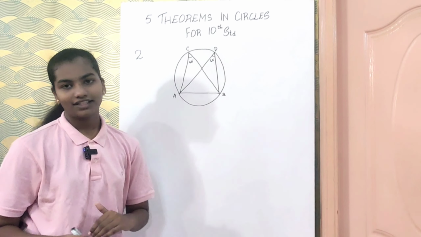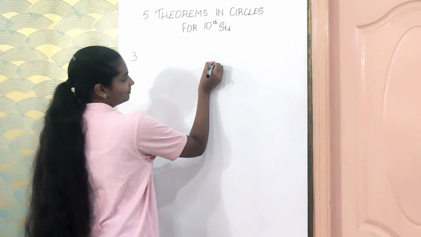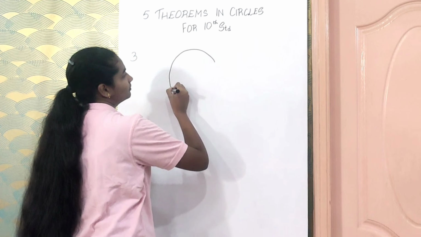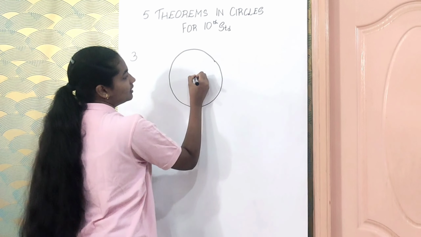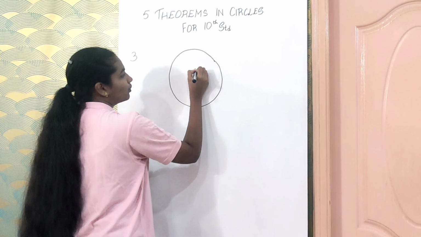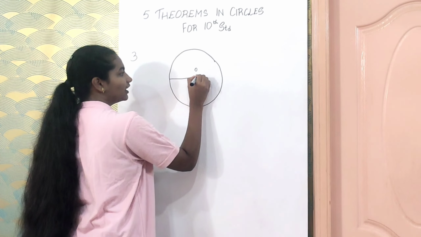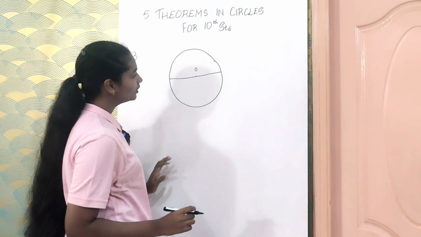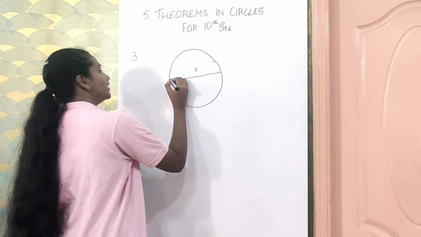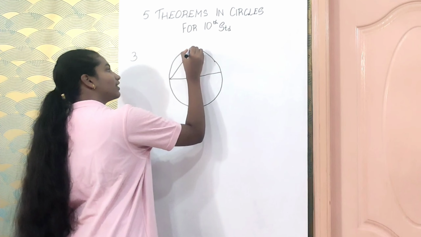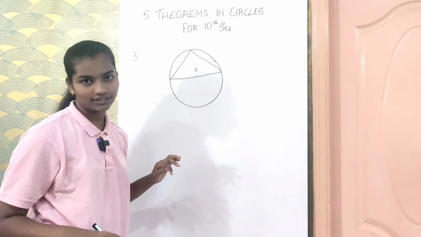Now let's go to the third theorem. Now this is the center, which is O. Now if I take a straight line which passes through the center, it becomes a diameter. I will take one triangle. Now here starts the third theorem.